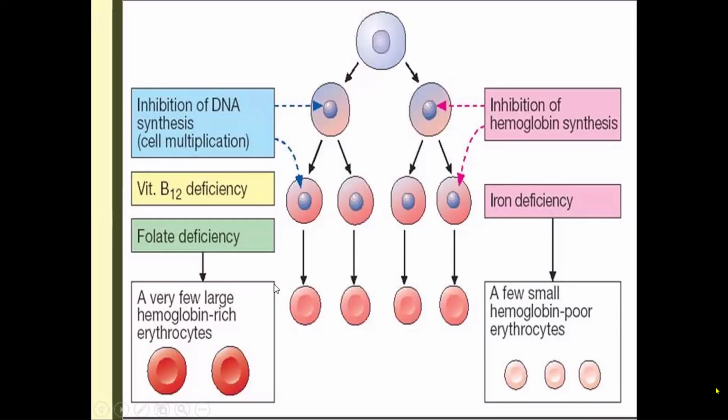The pro-erythrocytes, the immature red blood cells, are actually released into the circulation, right? Because iron is not affected, the color is normal, so normochromic, and the megaloblastic type of anemia occurs in case of vitamin B12 and folic acid deficiency, right?